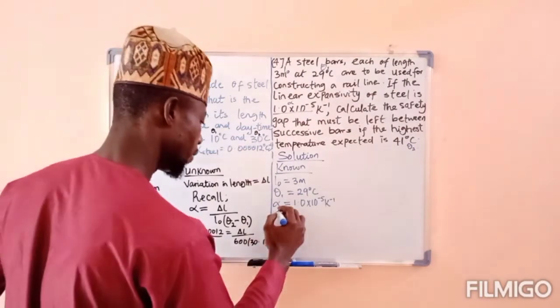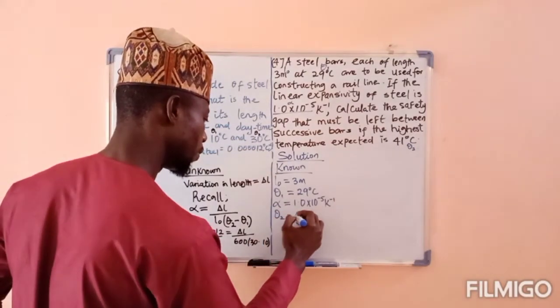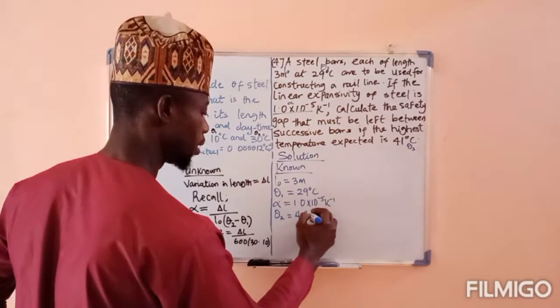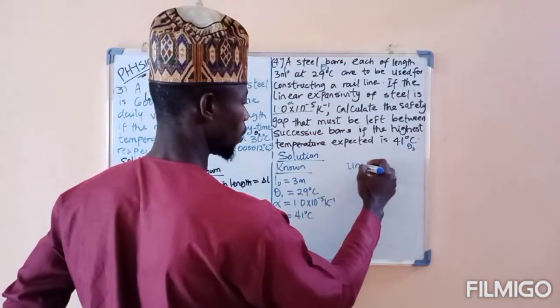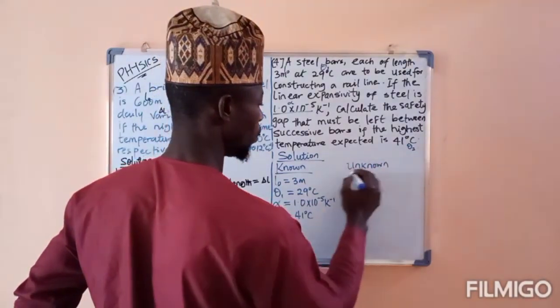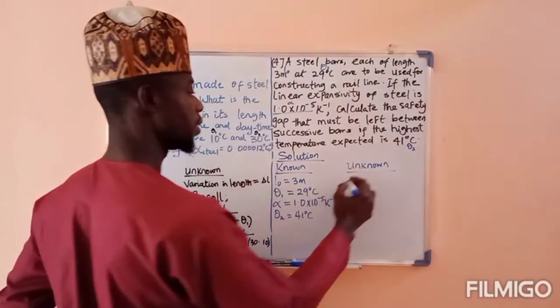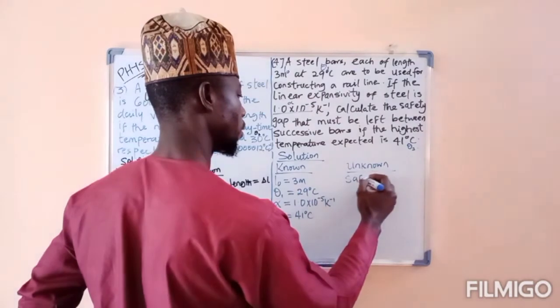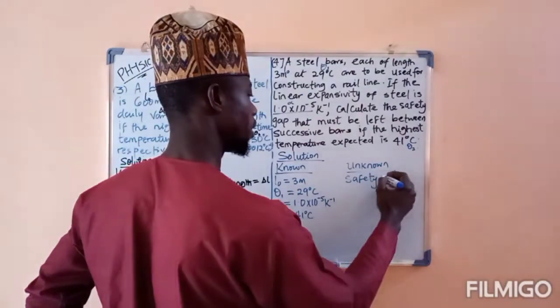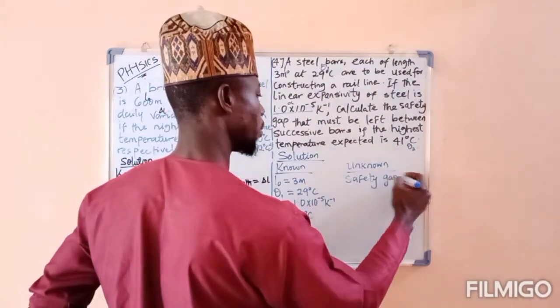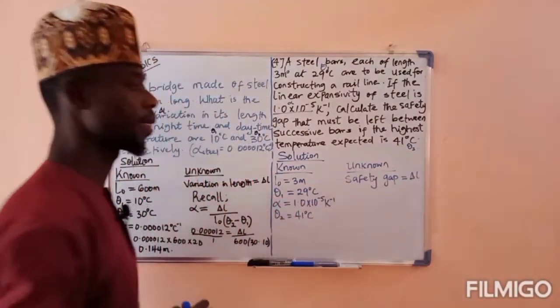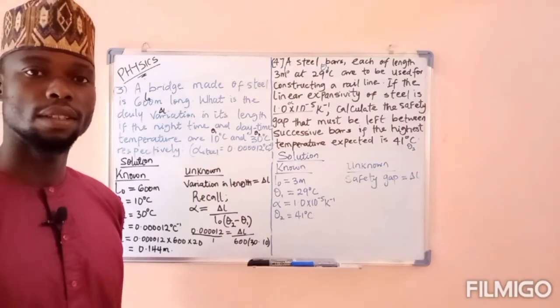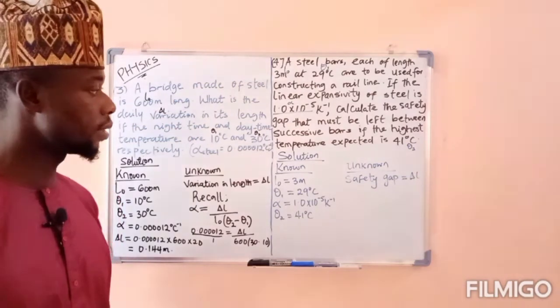Then they give us the final temperature to be 41 degrees Celsius. So what is the unknown? Unknown is safety gap, which is the same thing as change in length. Are we together? The same thing as the change in length.